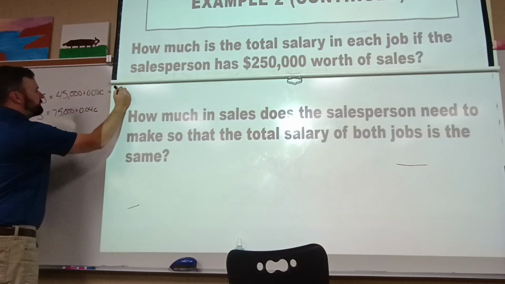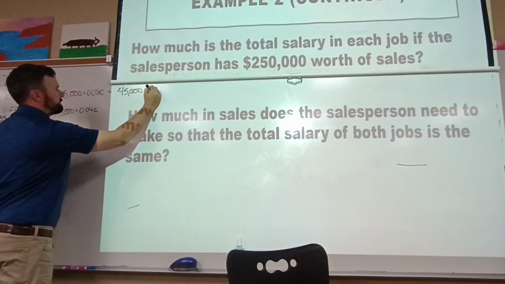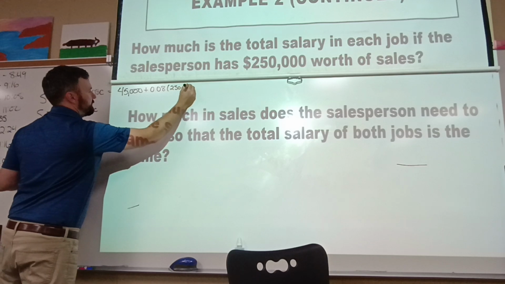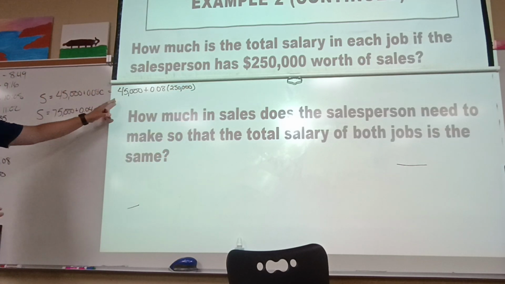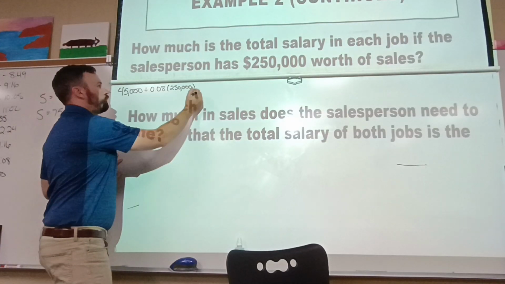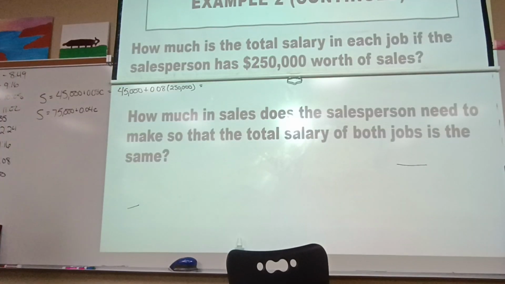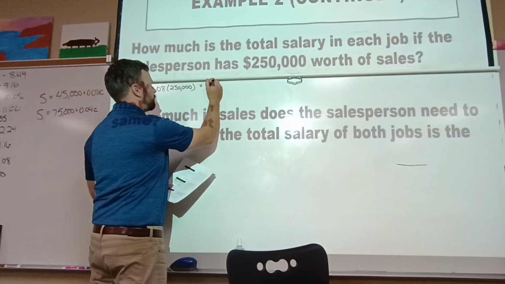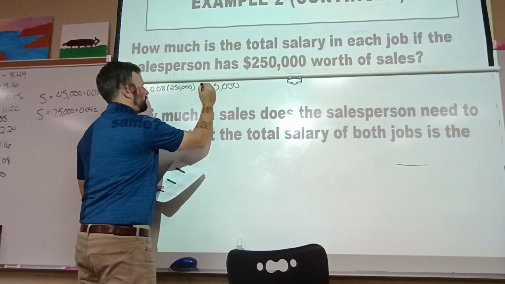So for this person, I just plug in my 250, right? $150,000. Okay. So salesperson 1 would make, let's see if I copy it down right, $65,000. Right?